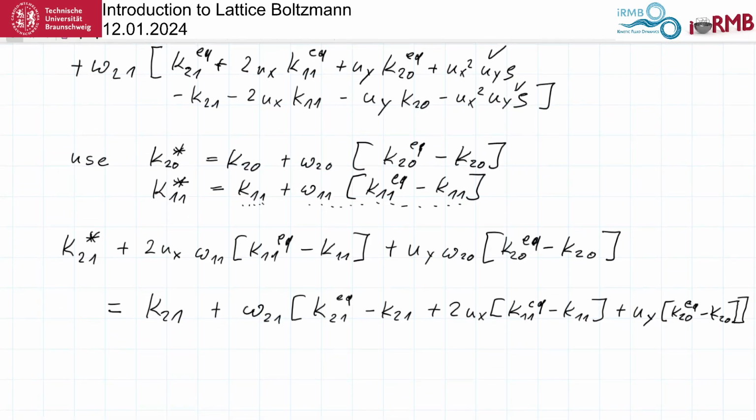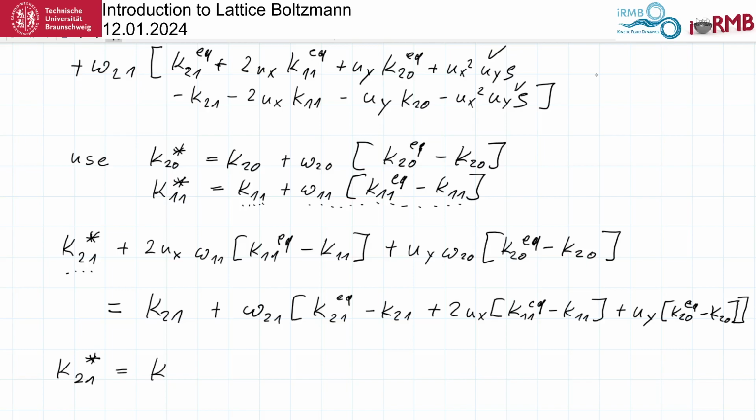Now we simplify this even more, because we want on the left-hand side only k 2,1. Let's write that this is k 2,1 after collision. So what is the third order moment after collision?